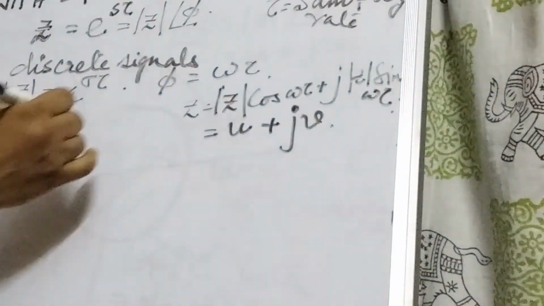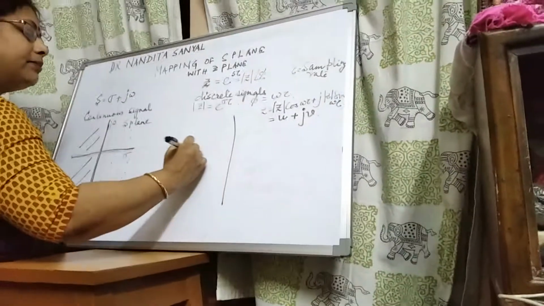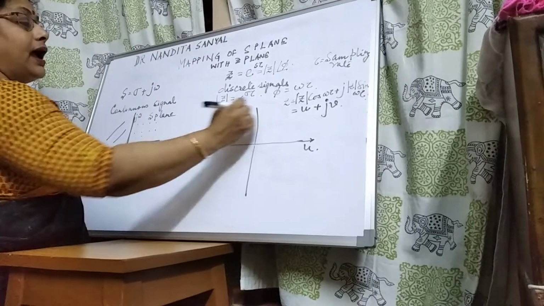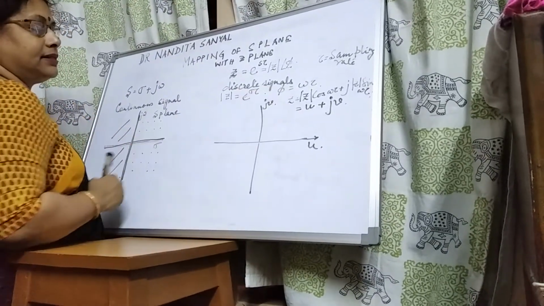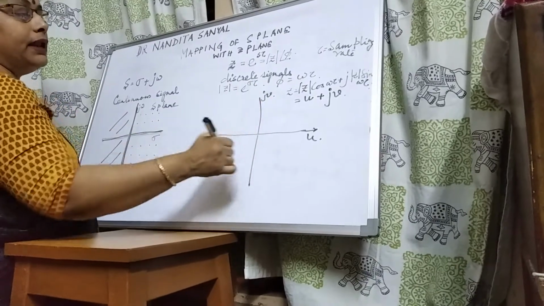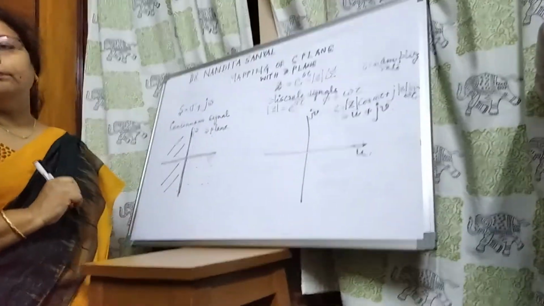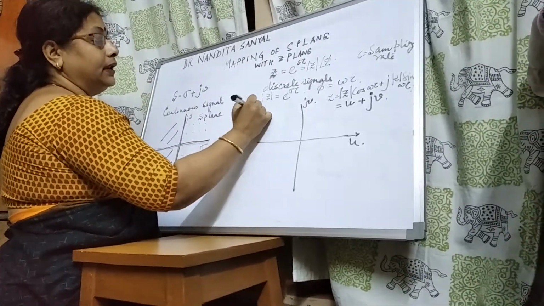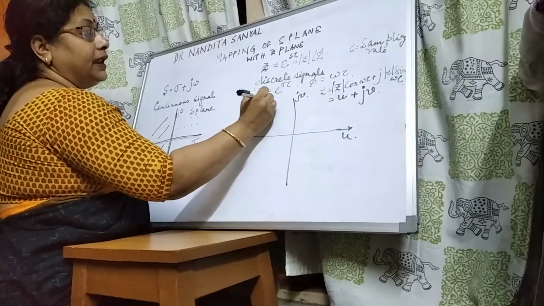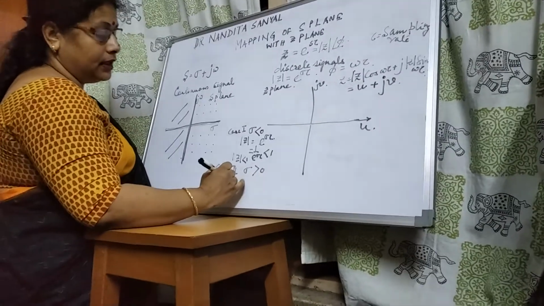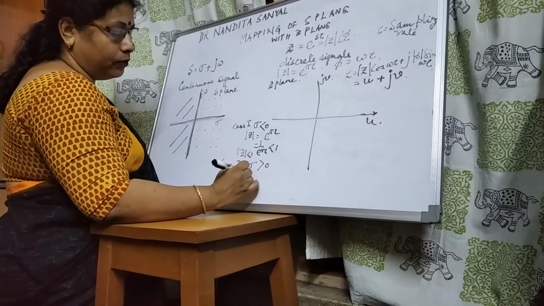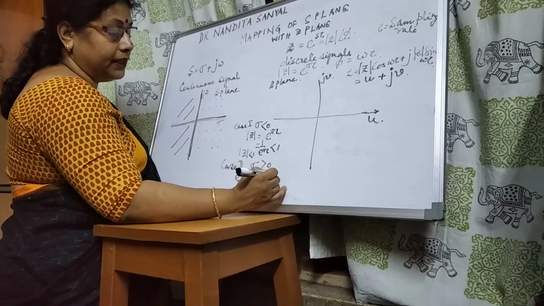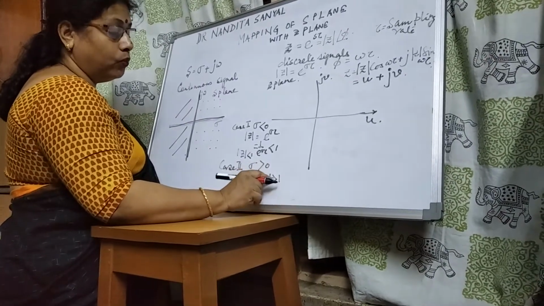If this is plotted in a two-dimensional plane, with u on the x-axis and jv on the y-axis, this constitutes another complex plane called the Z-plane. In this plane, when sigma is greater than 0, e to the power of sigma tau will be greater than 1 and mod Z will be greater than 1.